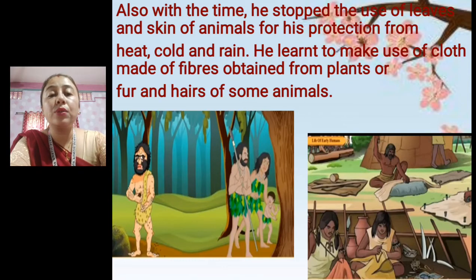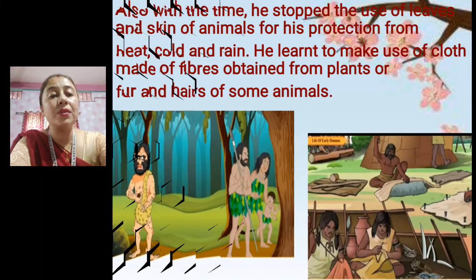Okay, those clothes were made of fibers obtained from plants or fur and hairs of some animals. So slowly they started progressing, from wearing leaves and skins, they started making cloth. You can see in the second picture.